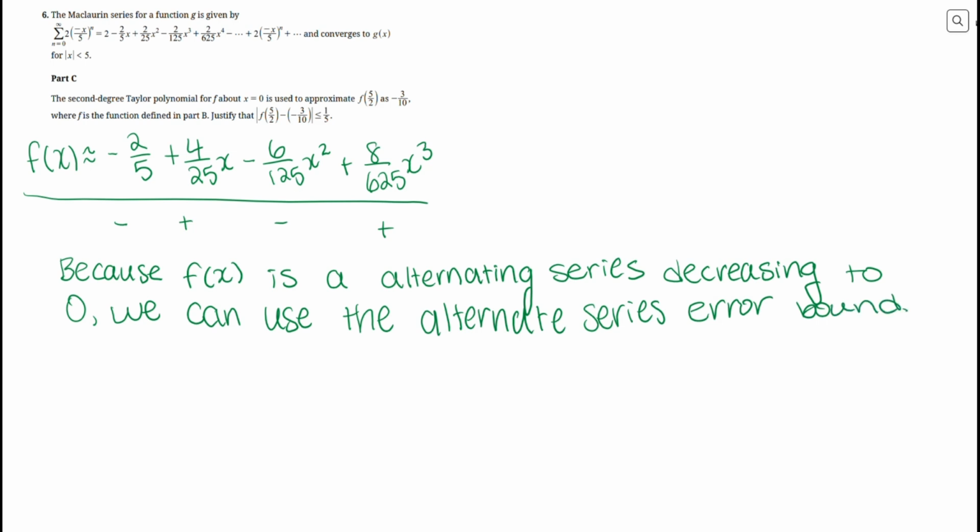Because these are the conditions to be able to use the alternating series error bound. And if you don't write that, you're actually going to be losing points on the exam.